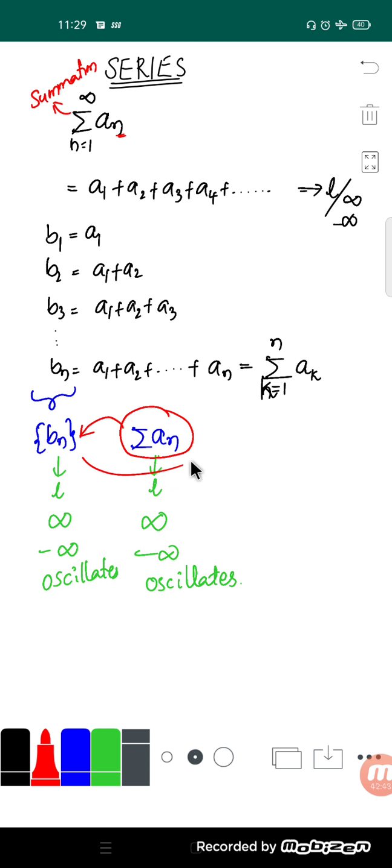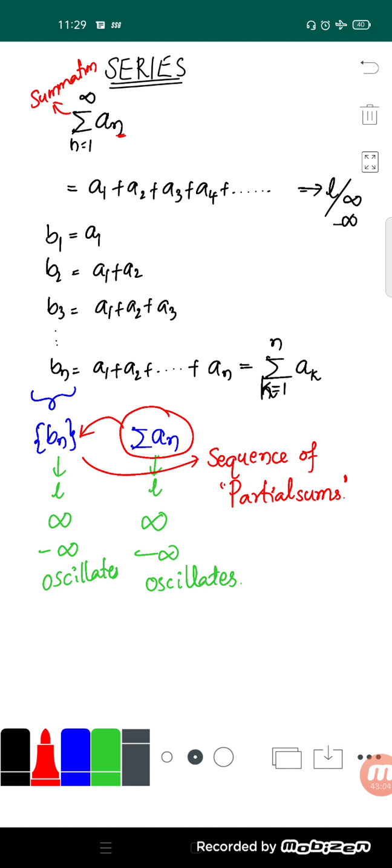This sequence is called the sequence of partial sums. This is a partial sum: you take a part of a greater sum.